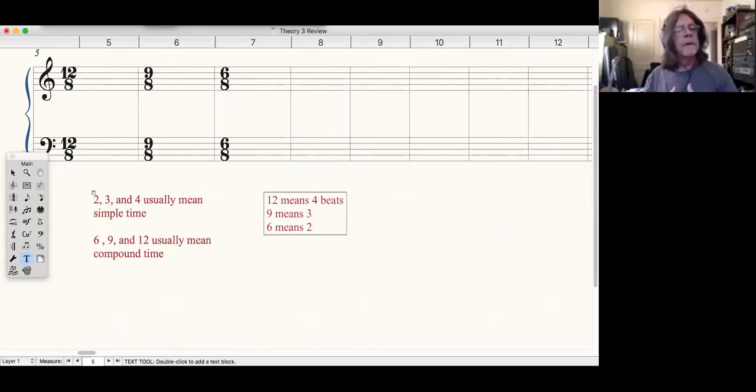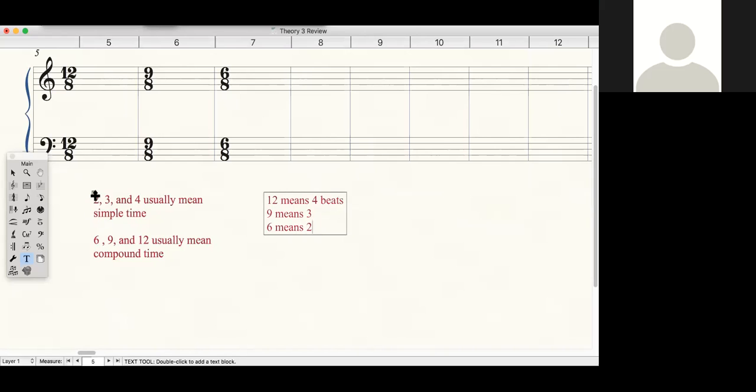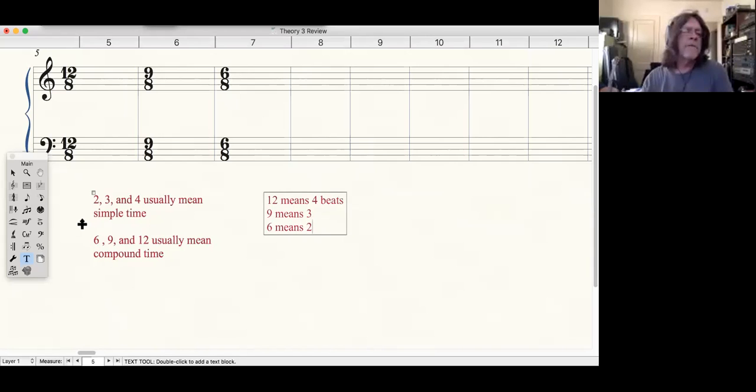Remember that we really only have 2, 3s, and 4s. 2, 3, and 4 is in simple time. 6, 9, and 12 usually mean compound time, but the actual idea of duple, triple, and quadruple is the same here. 6/8 means it's duple. 9/8 means it's triple.